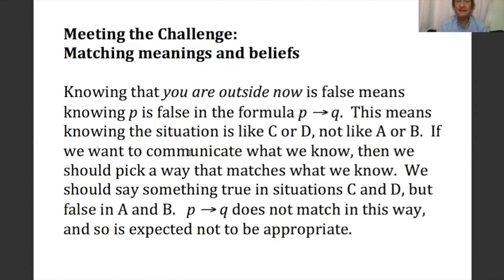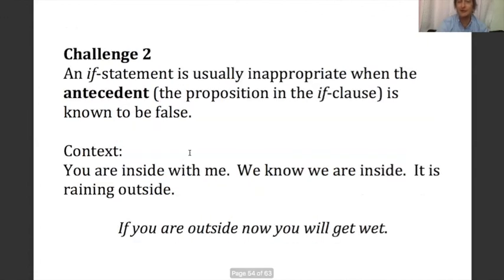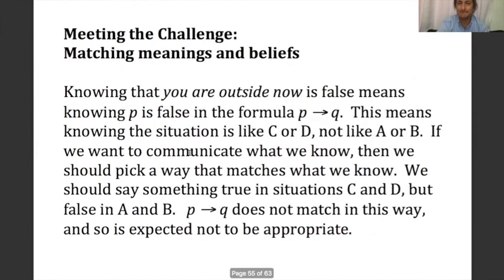Well, what we've said about matching meanings and beliefs could give us an explanation now about why this is a strange thing to say. Knowing that you are outside now is false means knowing that P is false in the formula P arrow Q, that's supposed to be a translation of if you are outside now, you will get wet.